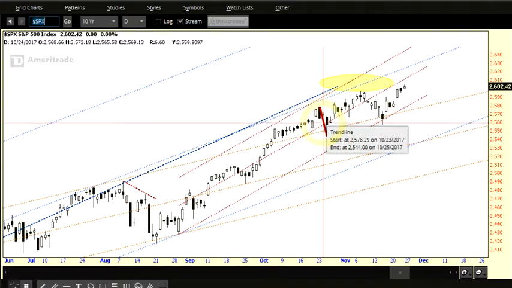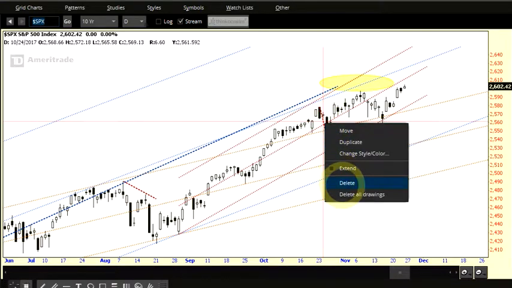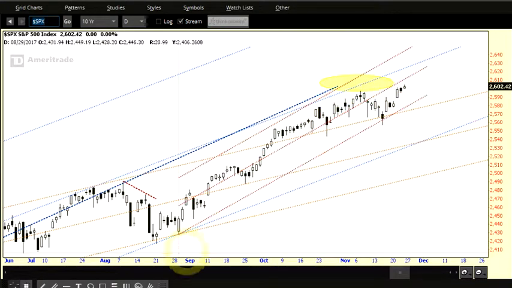Actually, you know what? That's not one. That's the 4th wave in that move. Hold on. This is the one I was looking for right here. Sorry about that. So right in here to here, that was 39 points, and it took about 8 days. So the first one took 14 days. This one took 8.